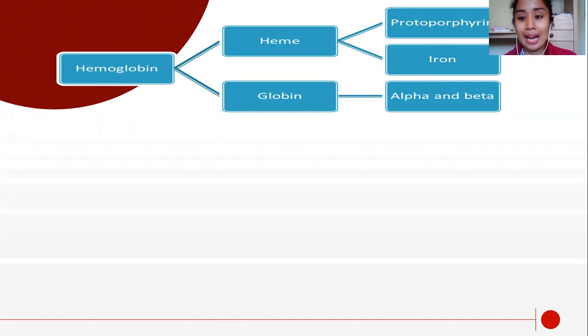We have alpha globin and beta globin. If iron is affected, then we're talking about iron deficiency. And if protoporphyrin is affected, it can be due to porphyria, pwede ring sideroblastic anemia. And if the alpha and beta globins are affected, we're talking about thalassemia.